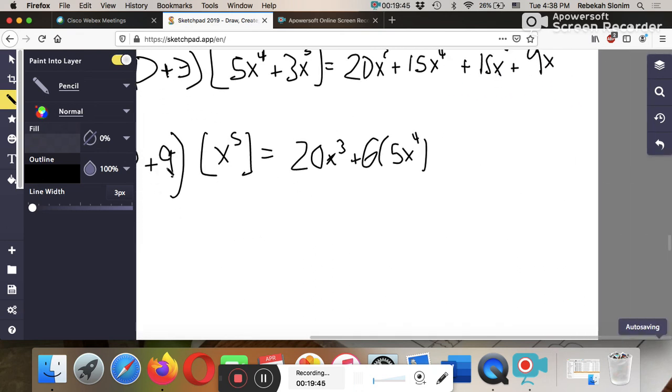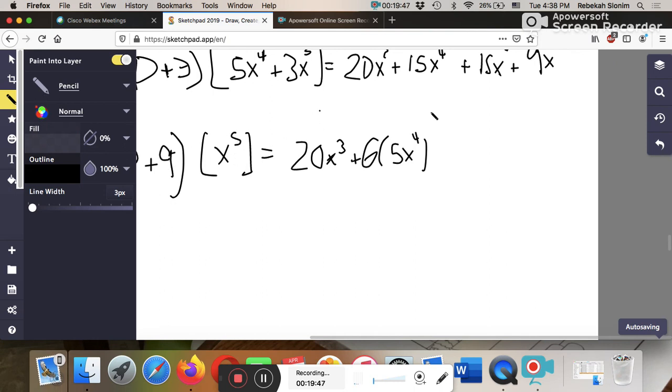Remember that 9 is not a constant, it's 9 times the original function. Plus 9x to the fifth.